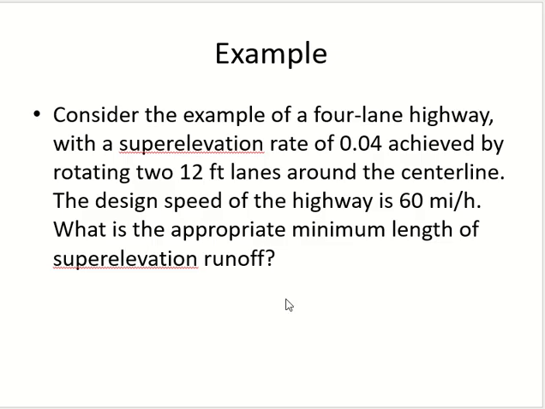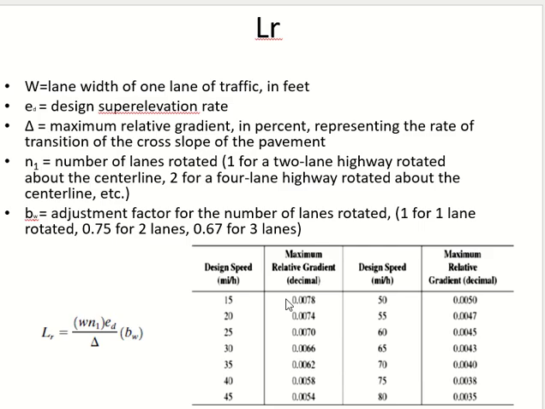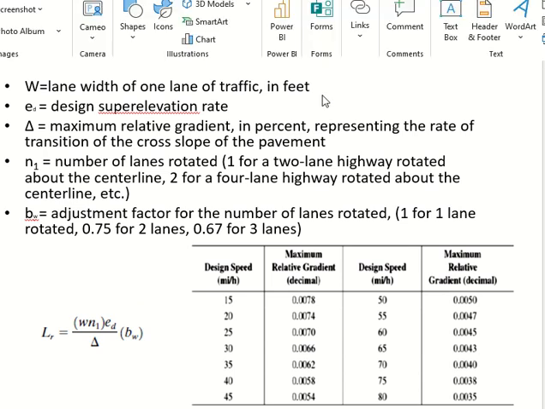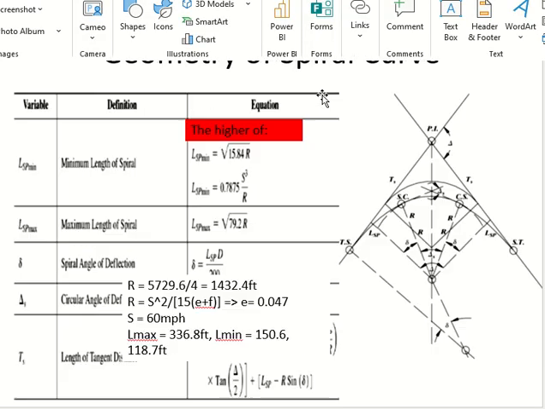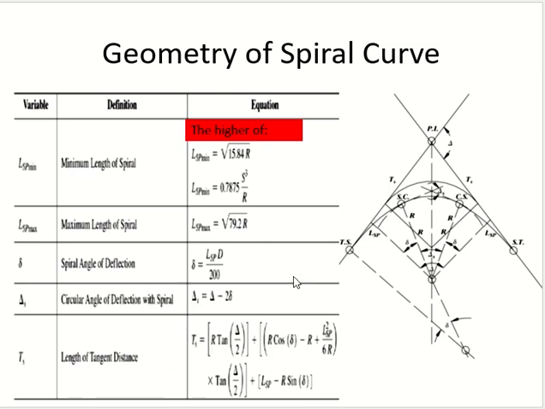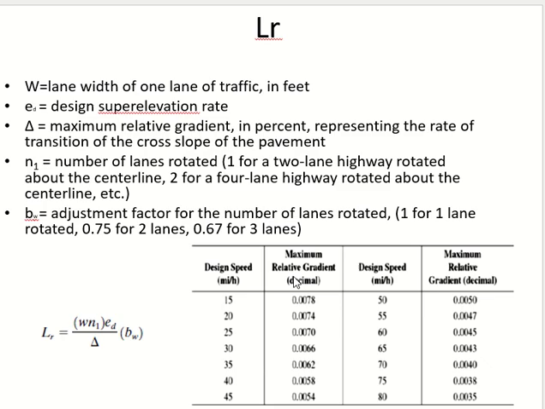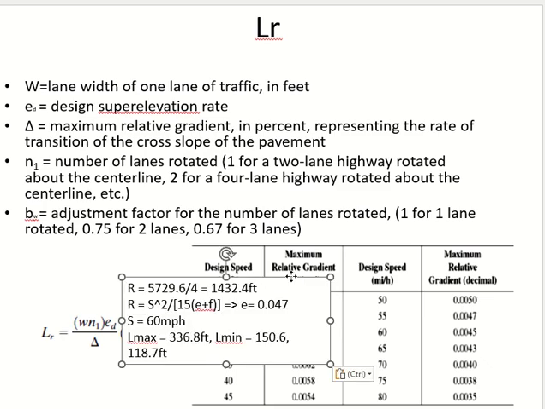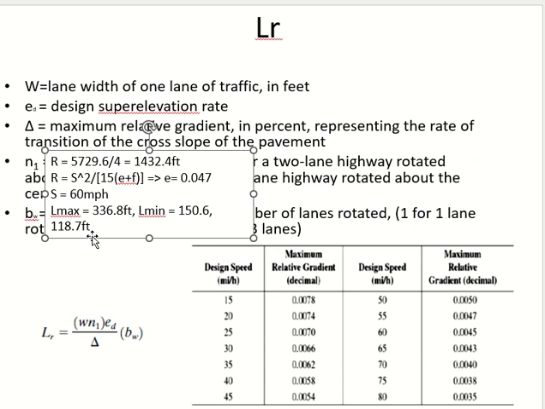This is the equation for LR. W is the width of the lane, given as 12 feet.